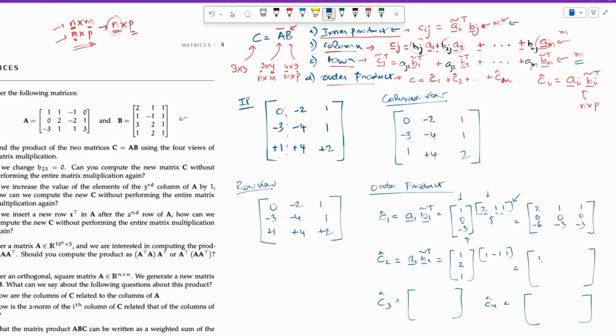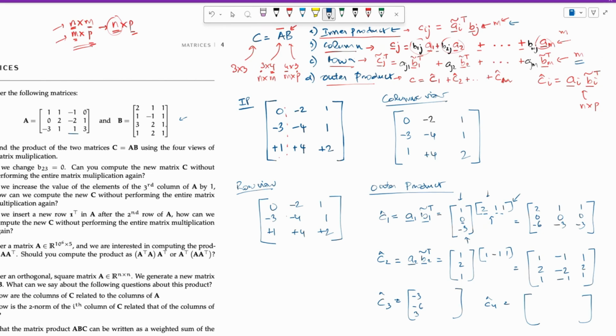This will be what? 1, 2, 1, minus 1, minus 2, minus 1, 1, 2, 1. What about C3 cap? Minus 3, okay? Is that okay?